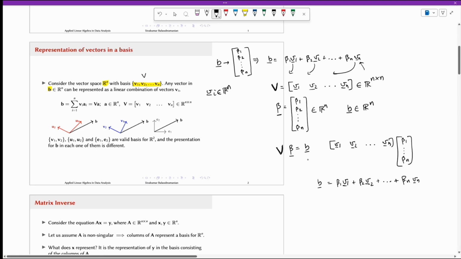If we are given a vector b and a basis set, which essentially means we know the matrix V, our goal is to find beta.